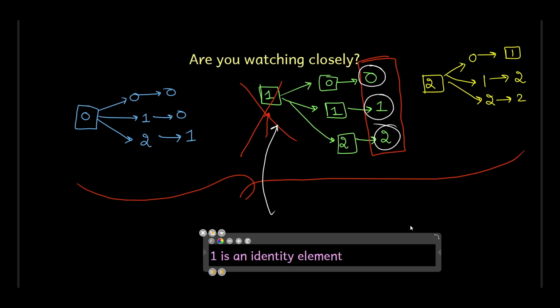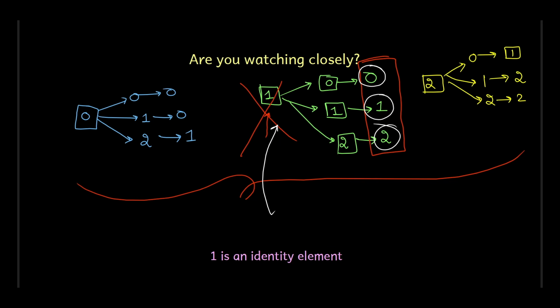So if one is an identity element, then we don't actually have to say that one will participate right now or later. Whenever one participates, even if these elements have combined to form a new state, which could be 0, 1 or 2, whatever element that one participates with, it will always produce that element.